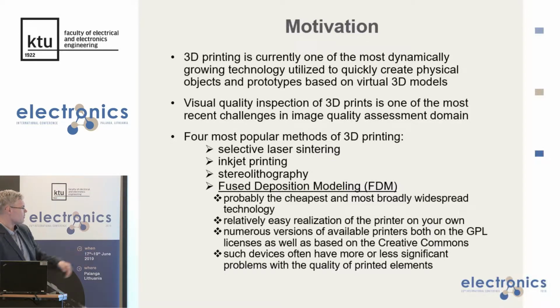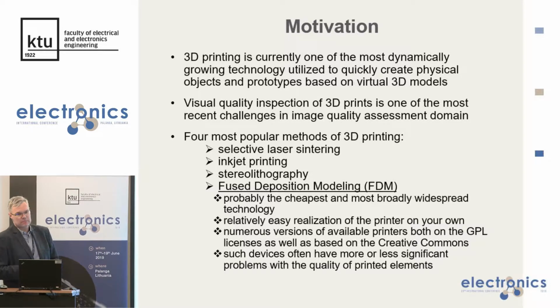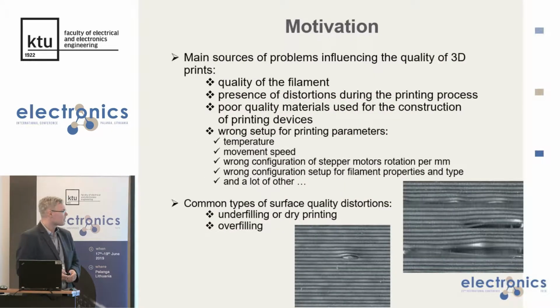There are 4 most popular methods of 3D printing, including selective laser sintering, inkjet printing, stereolithography, and fused deposition modeling, which is the cheapest and the most popular, so we focus on this because some quality issues take place usually in FDM printers. So there are numerous such printers, you can buy it easily.